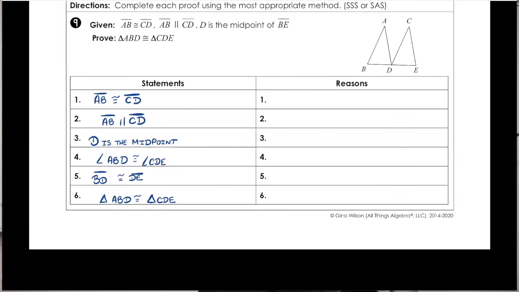Y'all got them all filled out yet? Number 4, angle ABD is congruent to angle CDE. No, that's only when you're going equal to congruent.